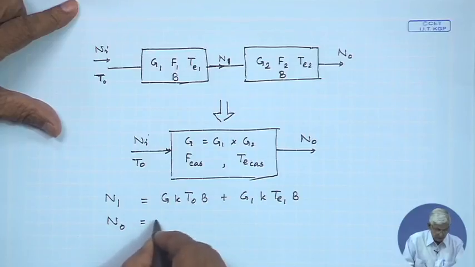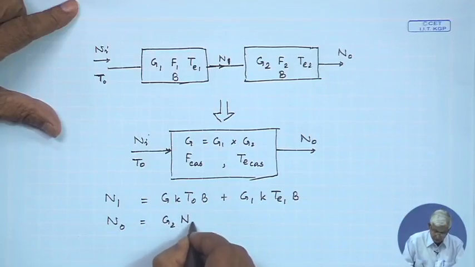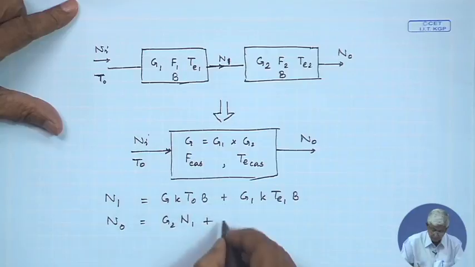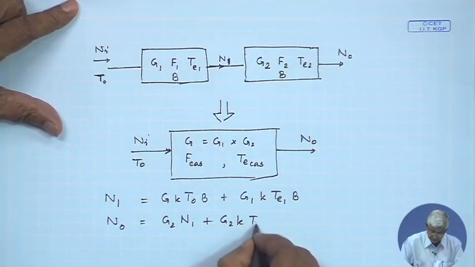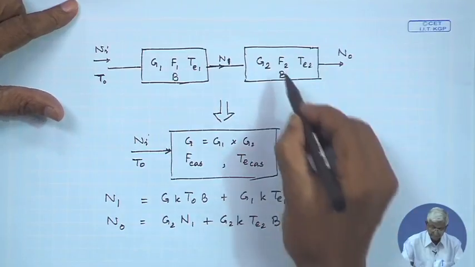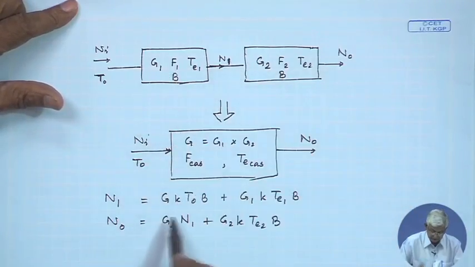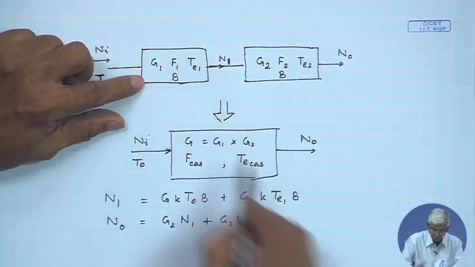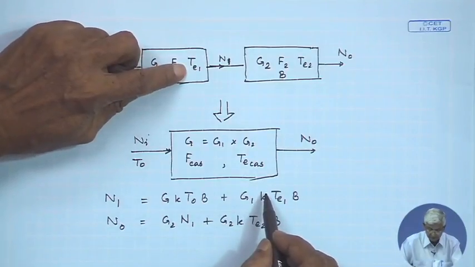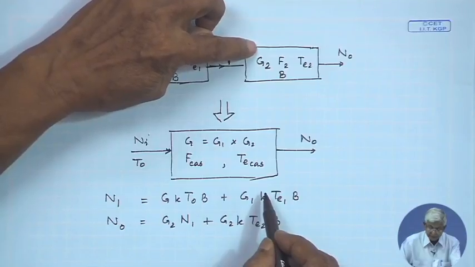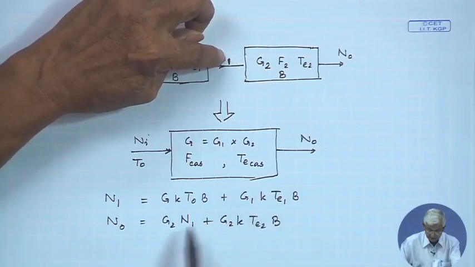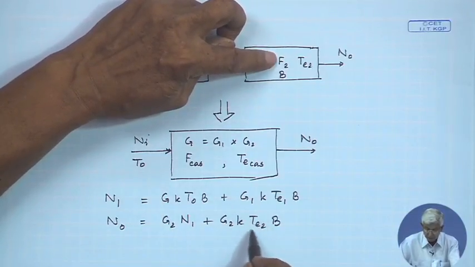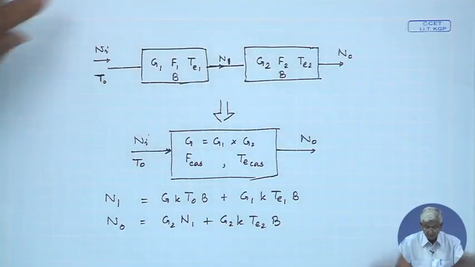Then N0 is N1 multiplied by G2 plus its own, that is G2 K TE2 B. So, this is the input noise multiplied by G1 plus its own generated noise, and the output of the second stage is the input from the first stage multiplied by the gain of the second stage plus its own noise power based on TE2.